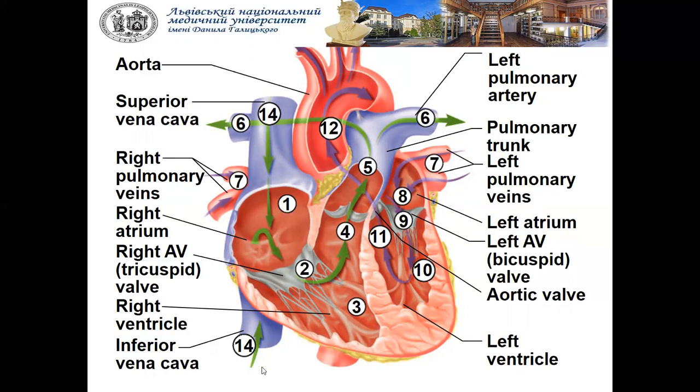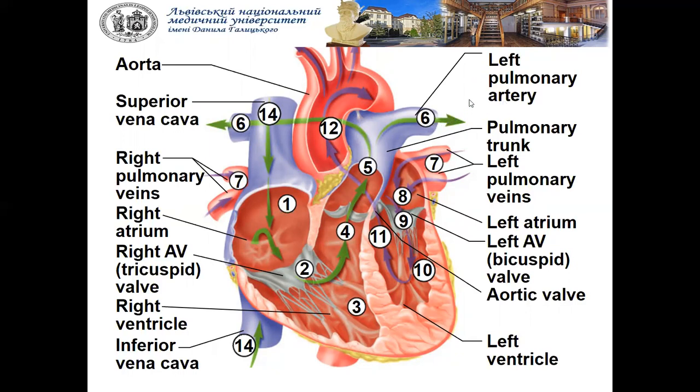And accumulates into the vena cava superior and vena cava inferior, goes into the right atrium through the tricuspid valve into the right ventricle, from the right ventricle through the valve of the pulmonary trunk into the pulmonary trunk, and into the lungs.